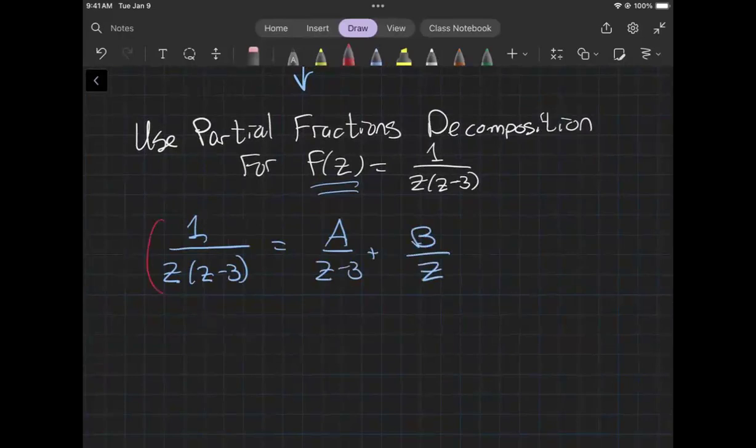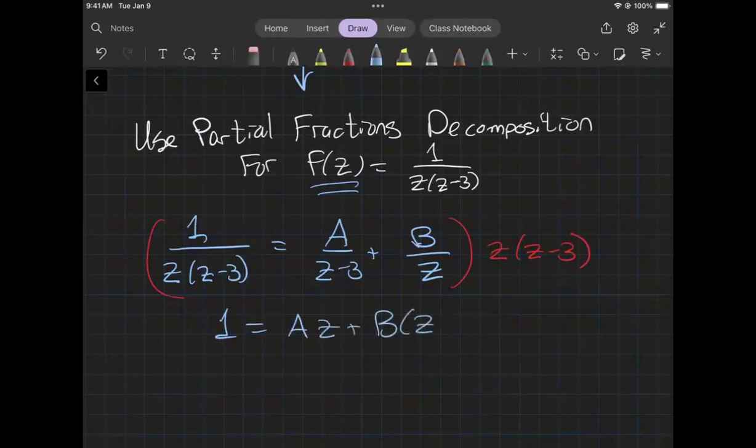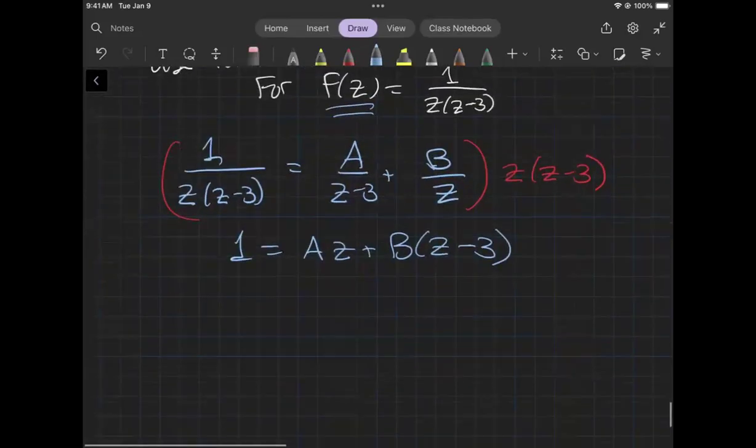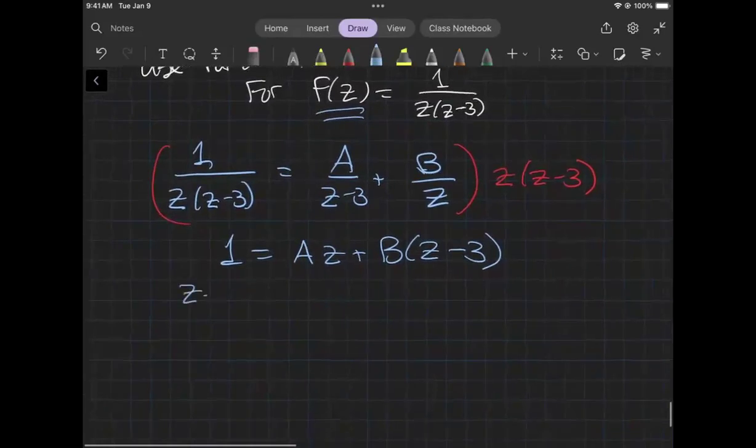And if we multiply both sides of the equation by the product of the denominators, we'll get that 1 is equal to a times z plus b times z minus 3. So if z equals 0, we'll have that b is equal to negative 1/3.